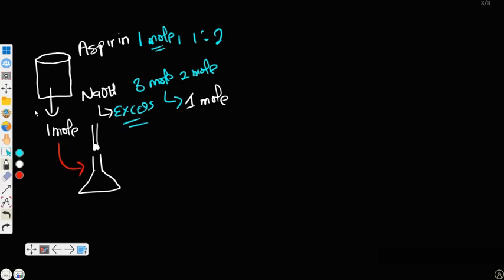Let's say you now know that at the end of the estimation, 1 mole was present, because titration will tell you the number of moles and the mass that is present. If you know that 1 mole is in excess, and you know that normally the molar ratio is 1:2... Sometimes you may not even know the amount of excess reagent. You may not know that there are 3 moles here. That's what I'm telling you.